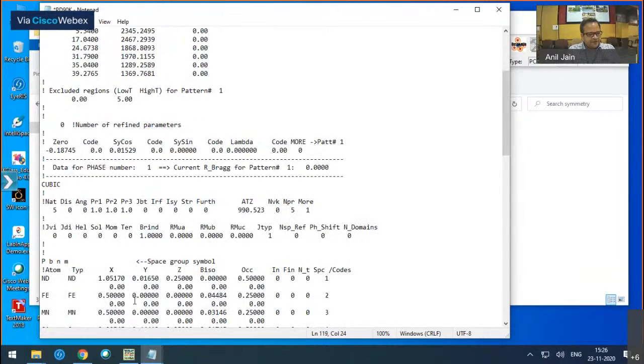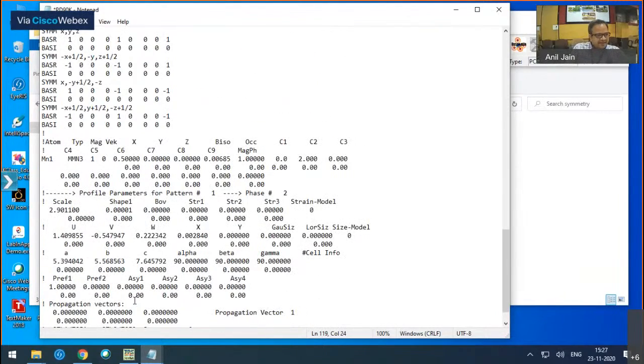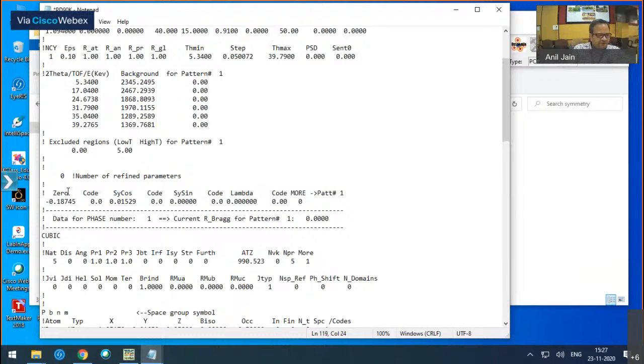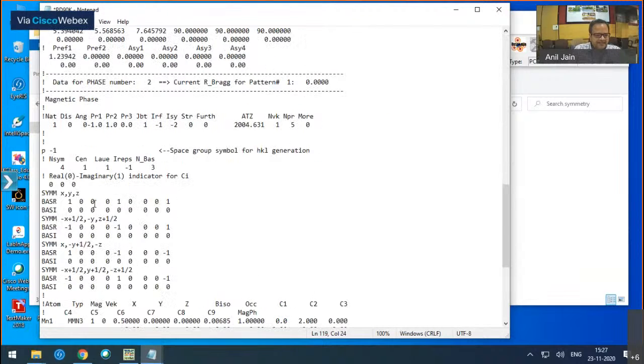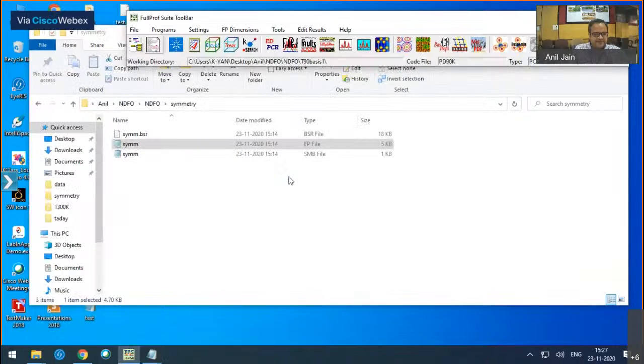Now, what generally looks like a better way to me is that I make the number of refined parameters 0, and I just try to see what kind of magnetic intensity I get by playing with this parameter. So let me put some parameter like 1, which looks like a reasonable value of the moment for C1, and let me just try to run it.